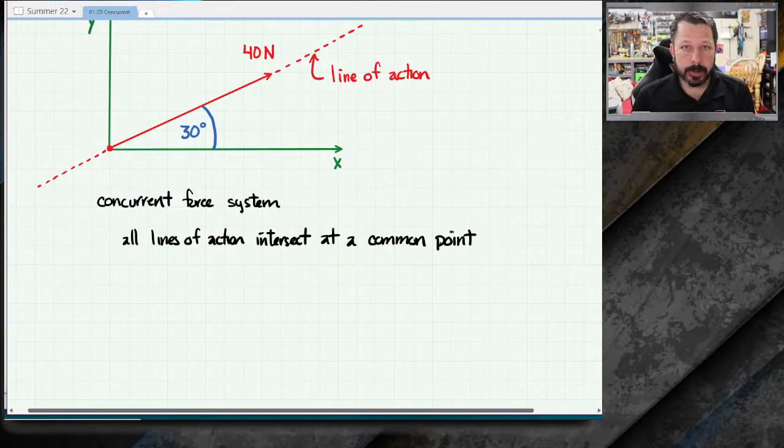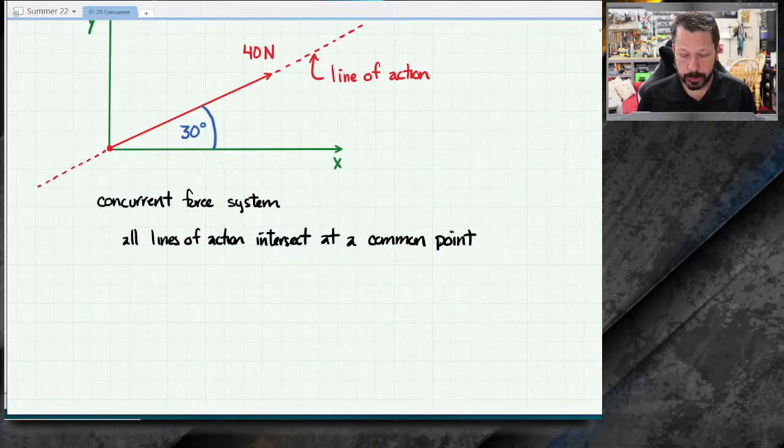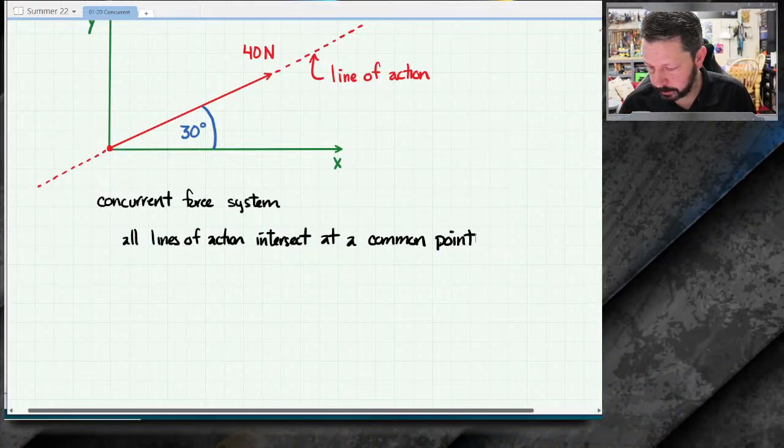So no matter how many forces I have in the system, all their lines of action will intersect at one point.